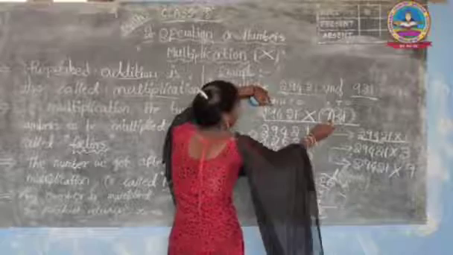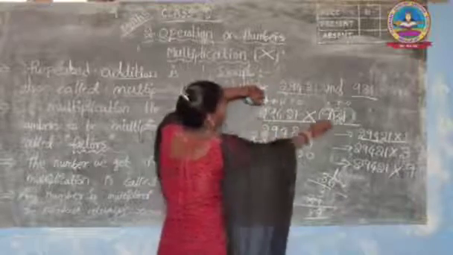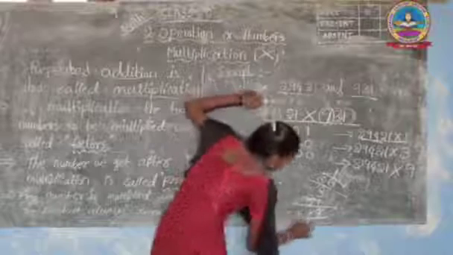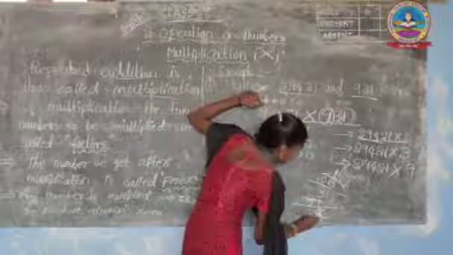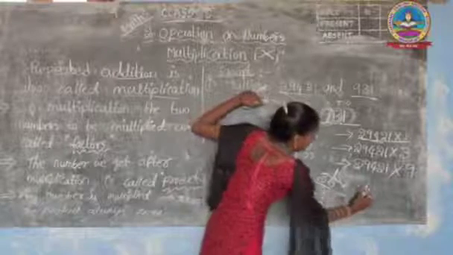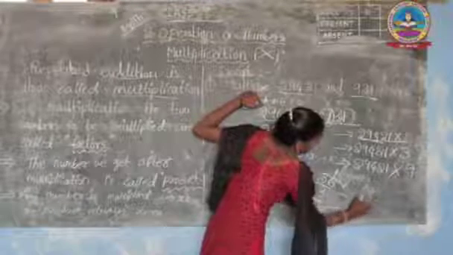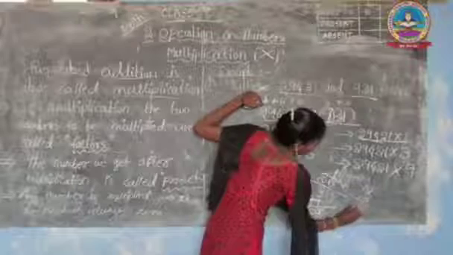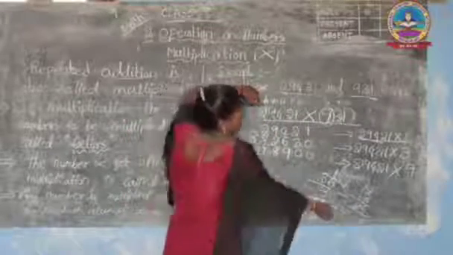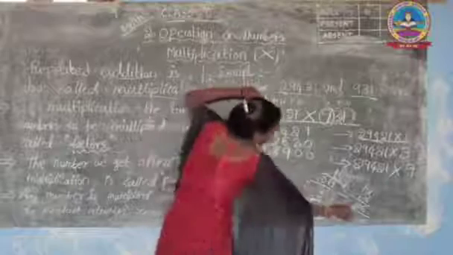Now let us multiply 9 and 2. 9 twos are 18. 8 is left, so let us add 18 to 8. 18 plus 8 is 26. No number is left, so we will write 26 directly.